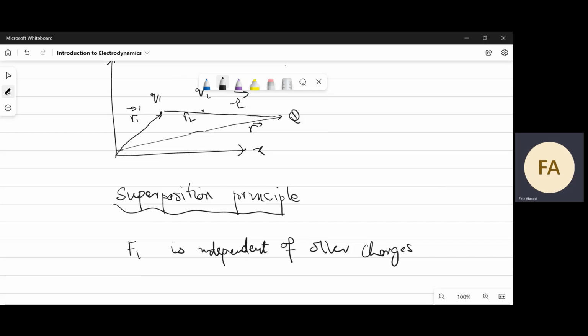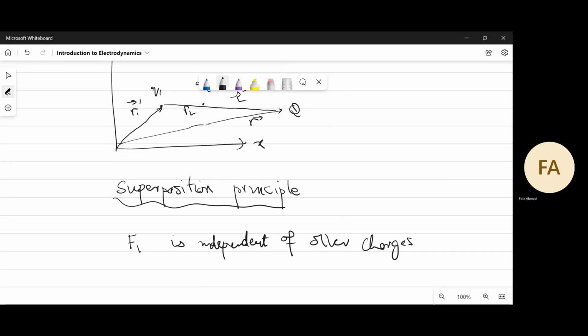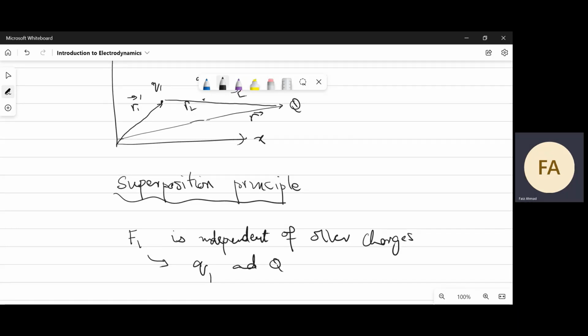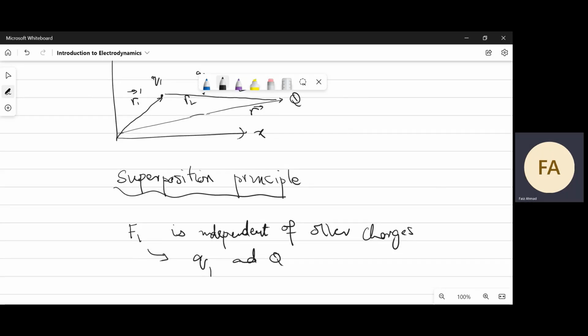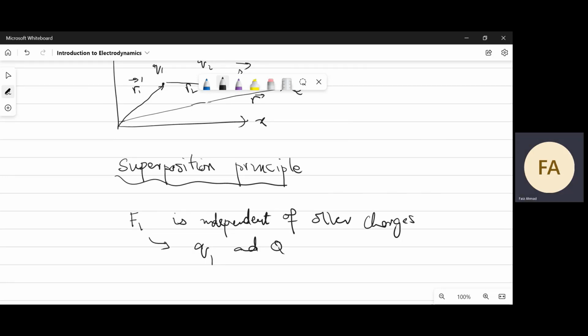So it only depends on Q1 and Q, and also on the position vector or the separation vector. The force F1 is unaffected by any other charge.